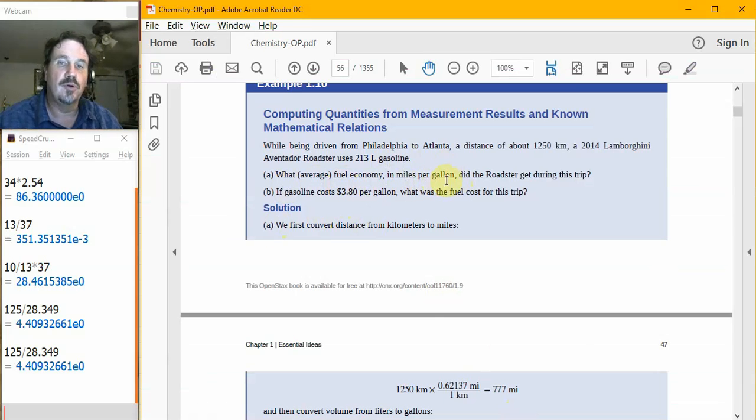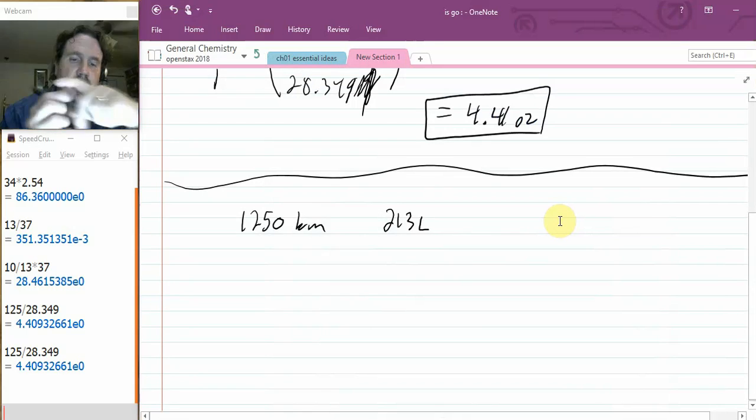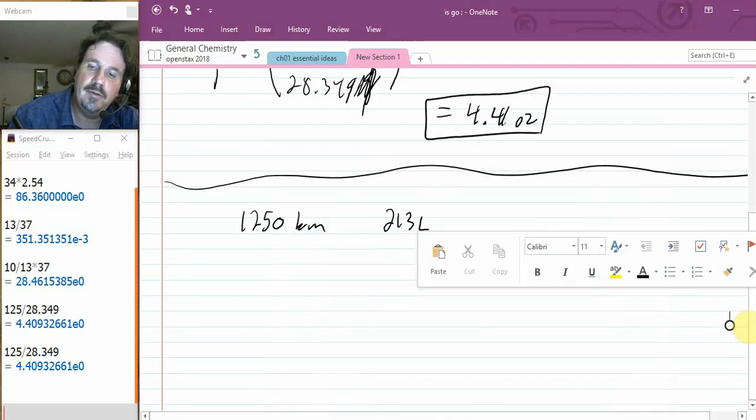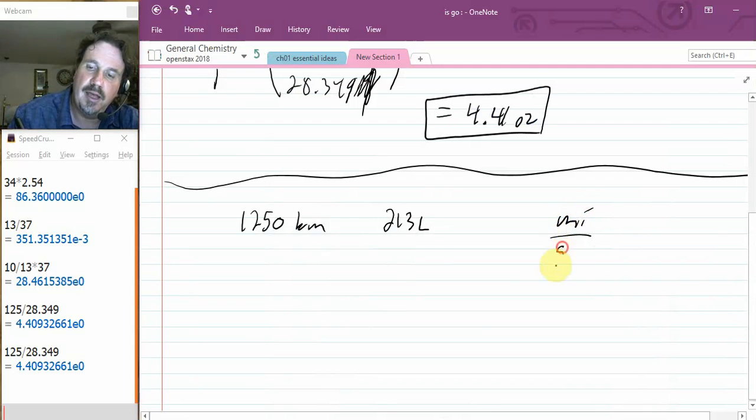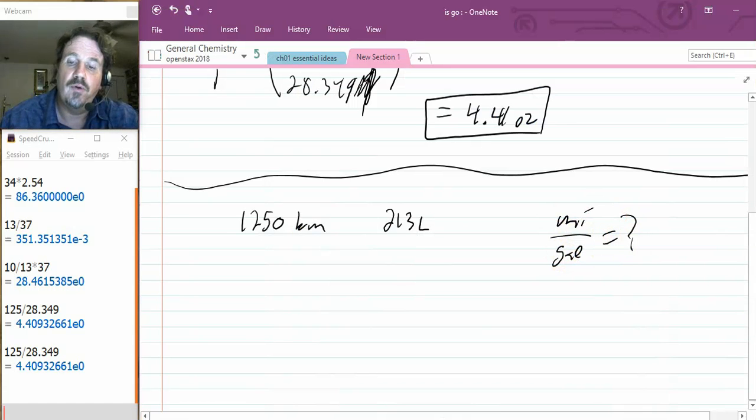So miles per gallon, that's miles divided by gallons, or in other words, miles on top, gallons on the bottom. Right? So miles per gallon did it use during this trip? All right, so they want miles per gallon equals what? Well, miles is distance on top. Gallons, that's the volume on the bottom, and I've got those two things, except I don't have distance in terms of miles, I've got it in kilometers.